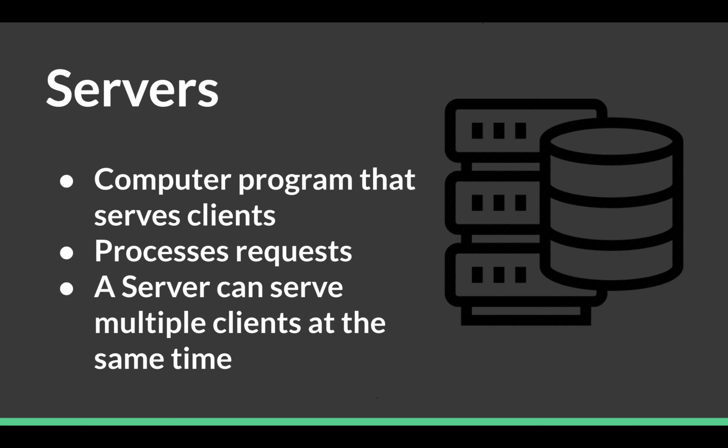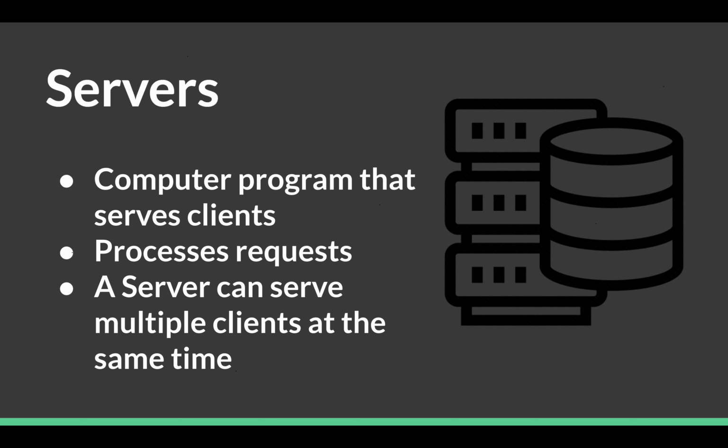For example, if you wanted to represent this in a web page, let's say a user goes to google.com. When a user goes there, they're sending a request to Google's server to please load the web page for google.com. So our client, or our computer, sends a request to the server.